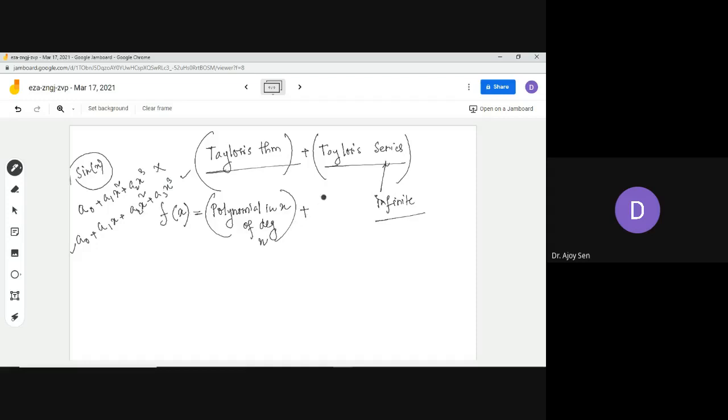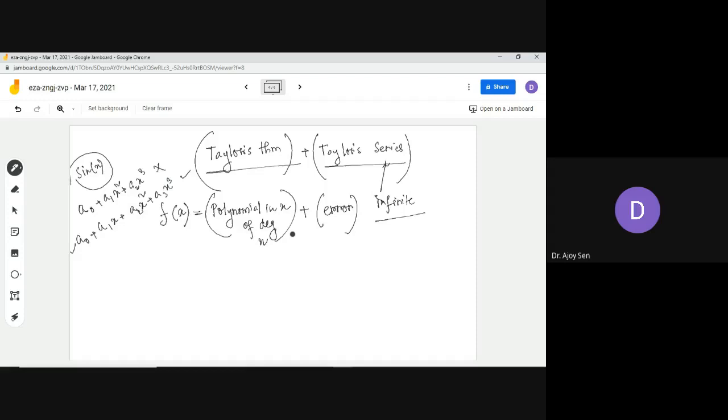So you must have some error. You express this function as a polynomial of degree n, then there will be some error.